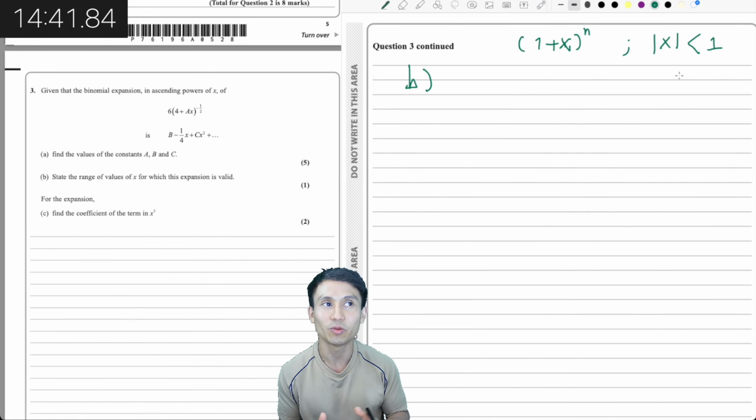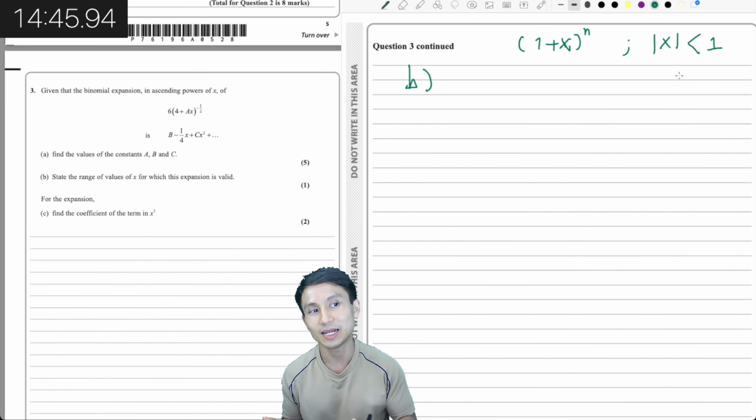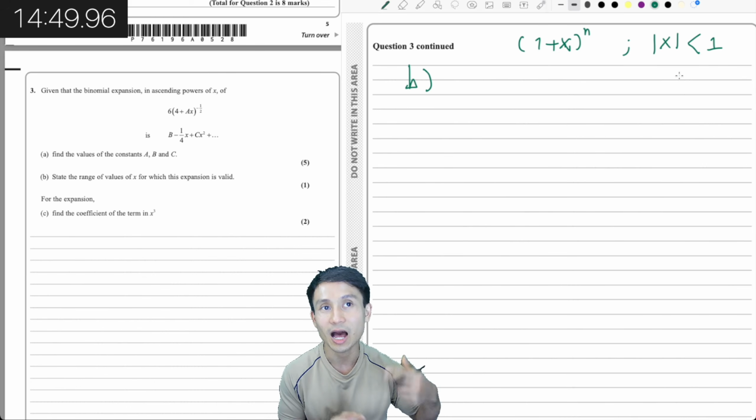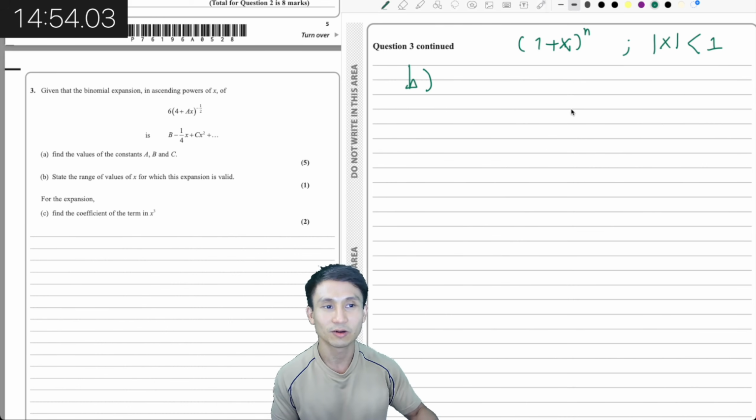The value won't be small enough for it to be a good approximation. So that has to be less than 1, so that when you keep expanding, the terms with higher powers of x will vanish to a very small number, right? So that's the reason behind this, yeah?